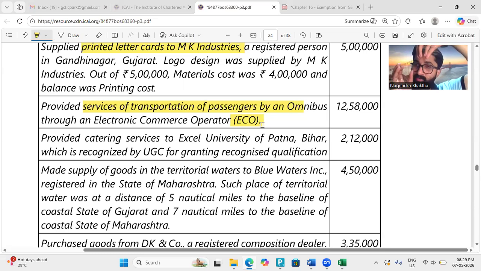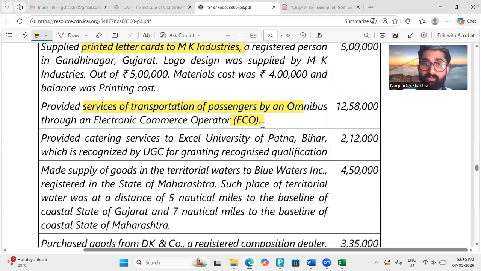If it is given by omnibus, and if it is given in other mode, then the e-commerce operator will pay GST to the government. If omnibus is a company, then the company has to collect and pay the GST to the government. If omnibus is other than a company operator, then the e-commerce operator will pay.